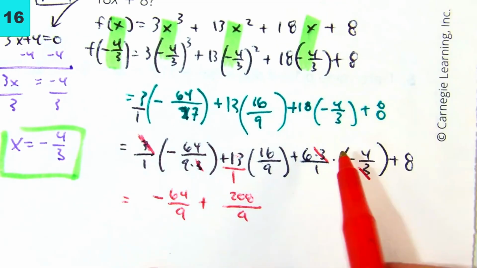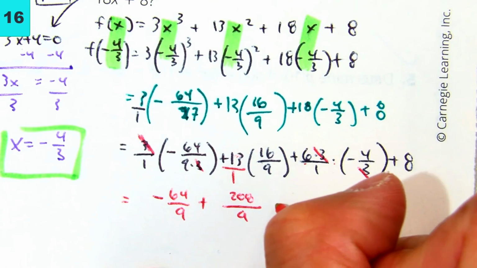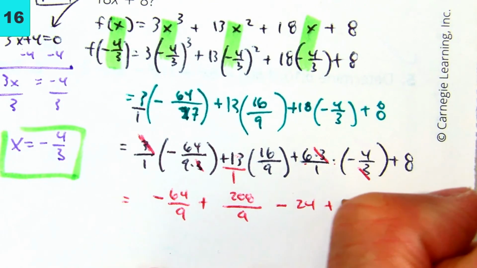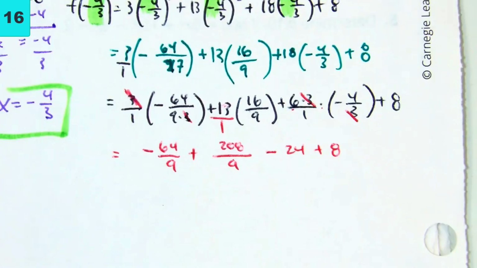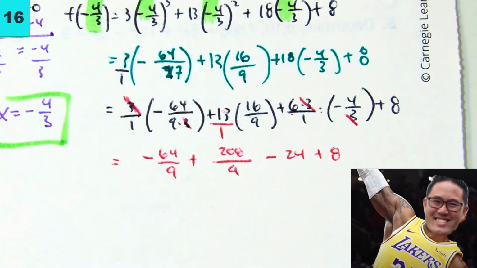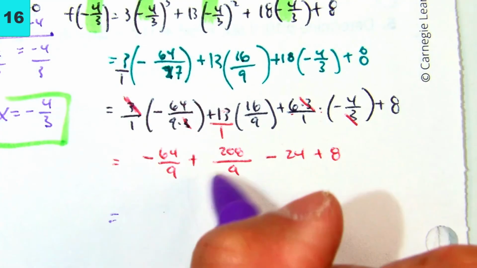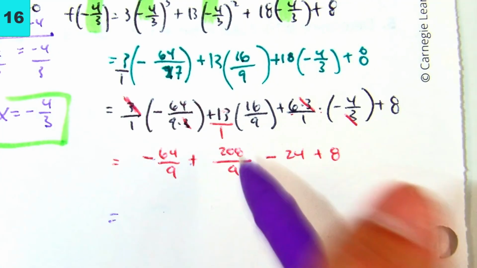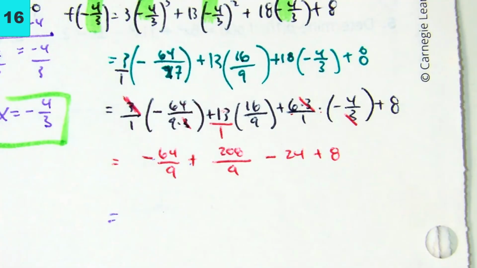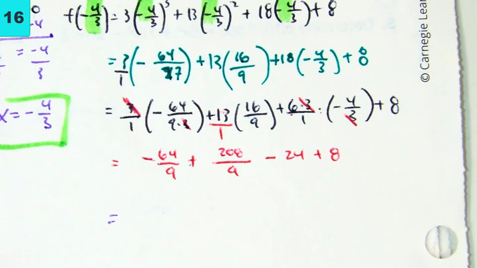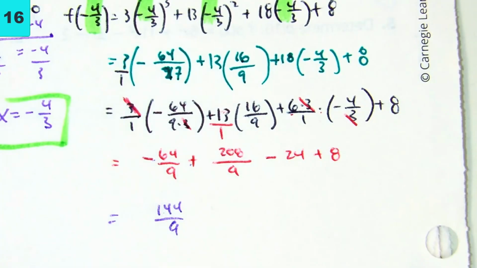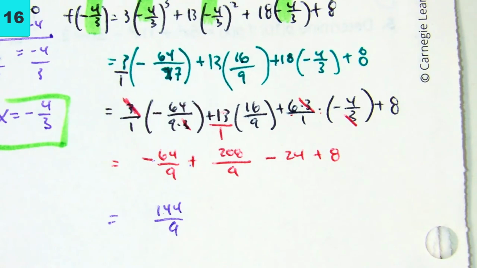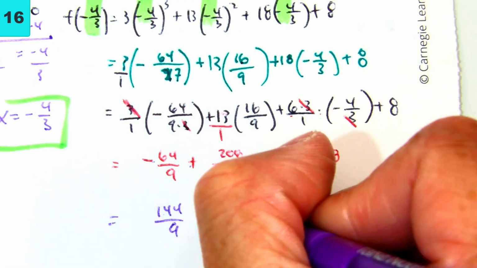So I have 6 times negative 4, which is negative 24, plus 8. For fractions, you're going to add the numerators at the top. So 208 minus 64. This gives me 144 over 9. And 24, that will give me negative 16.